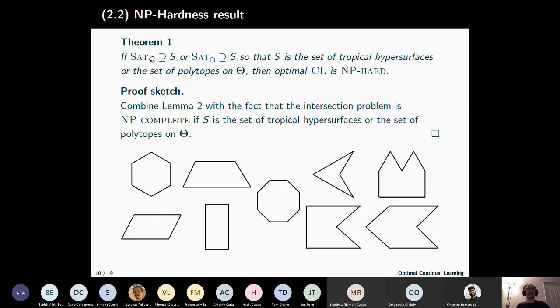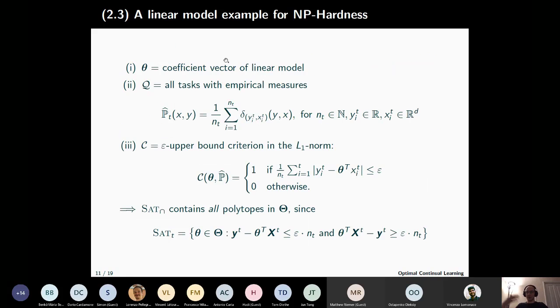And I think the next result I'll show you makes this more formal. But before we go to the next result, let's look at a simple example where already NP-hardness holds. So you don't need to have a complicated model to show NP-hardness of continual learning. Let's assume you want to learn continually with a linear model, something that should be straightforward. Turns out it's not. So here theta is a vector. It's just your regression vector, a coefficient vector in a linear model.